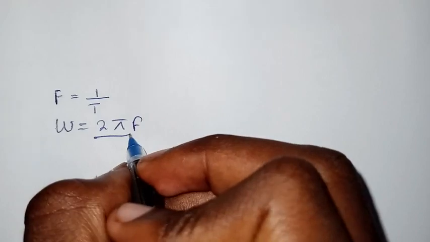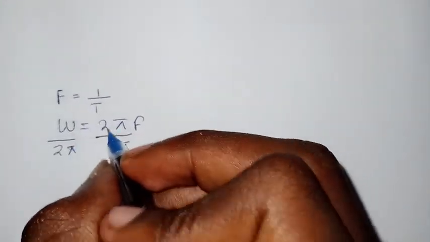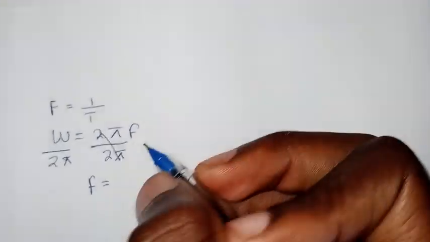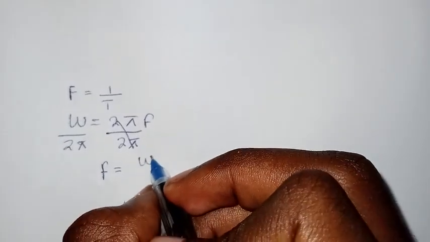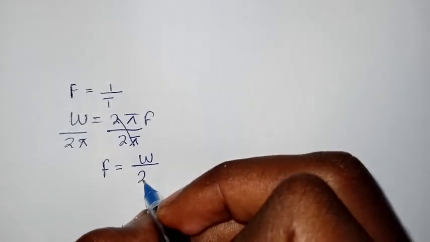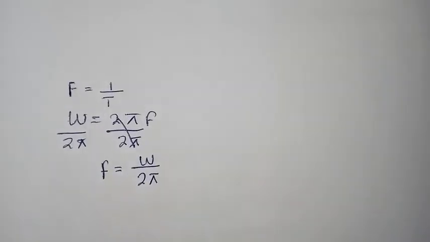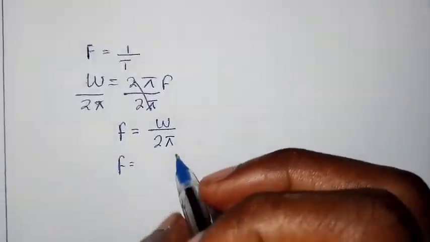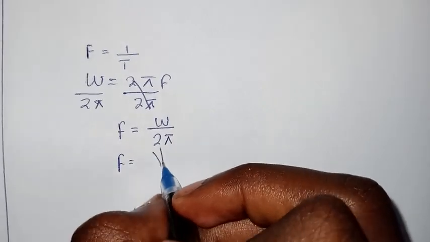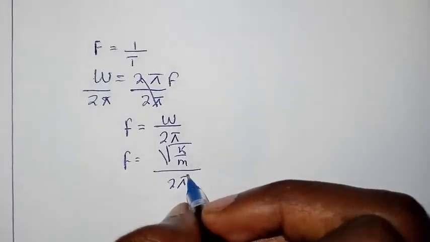So dividing by 2 pi on both sides, the 2 pi cancels out, and the frequency is equal to omega over 2 pi. So this is just the same as f is equal to the root of k over m over 2 pi.